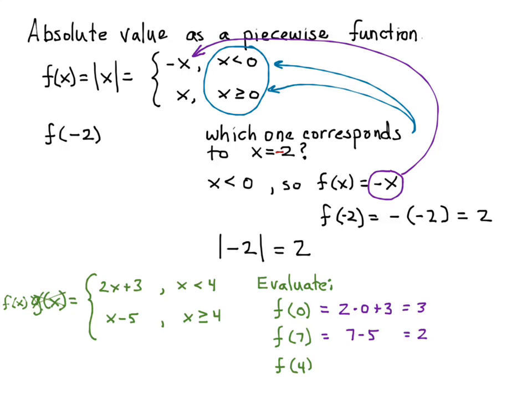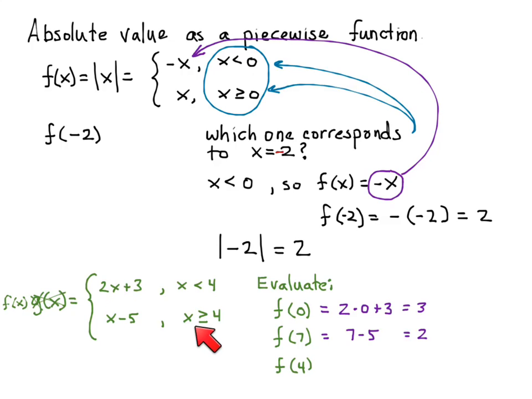Now if we try 4, we look at these, and notice that one of them is an inequality, and the other one is the inequality with an equal sign. You can't have these pieces overlap, because then you'll violate the definition of a function, where we would have two possible values for our function.